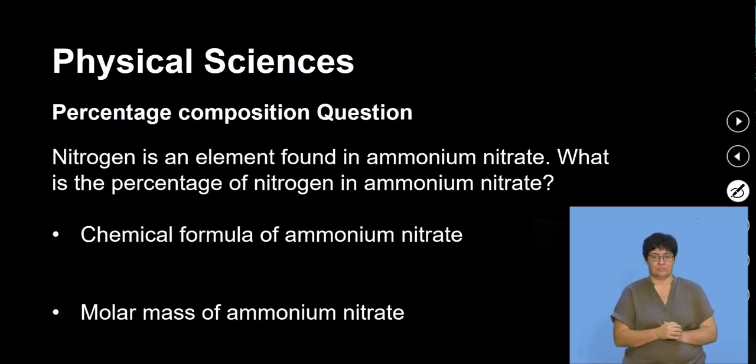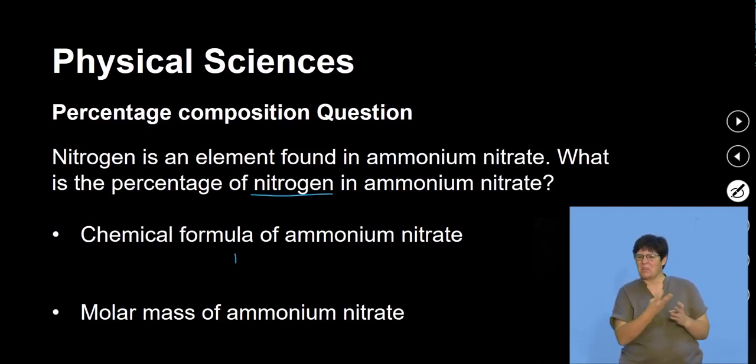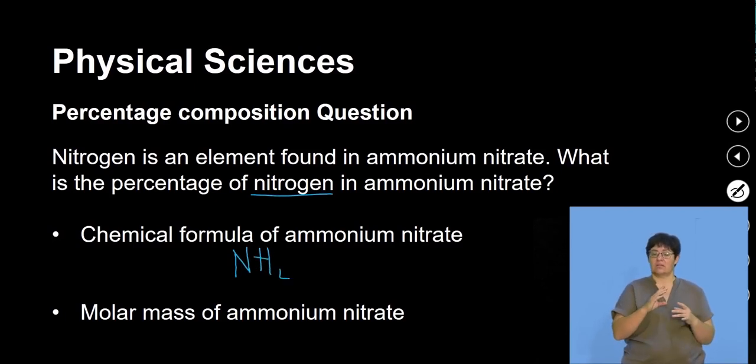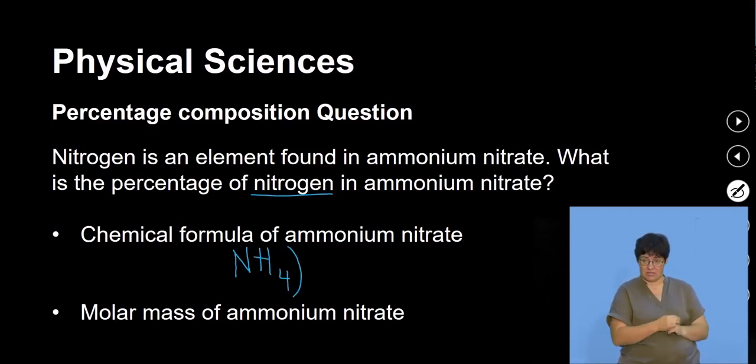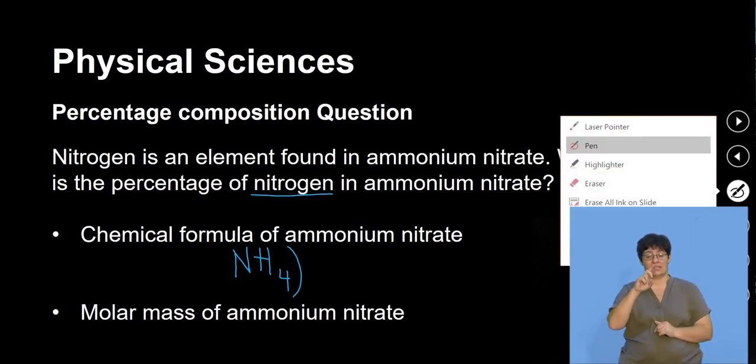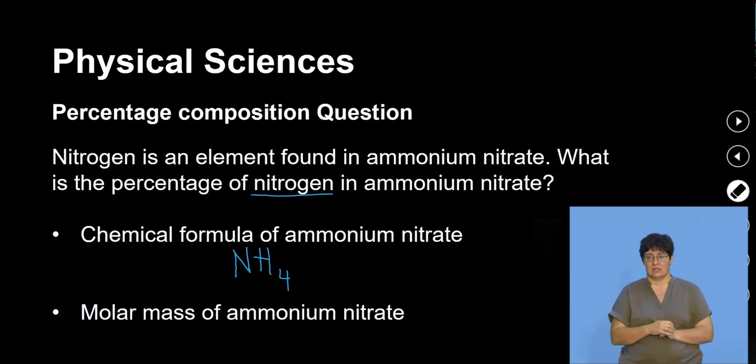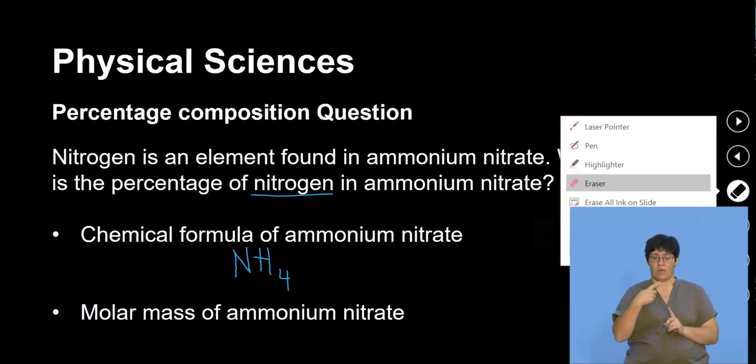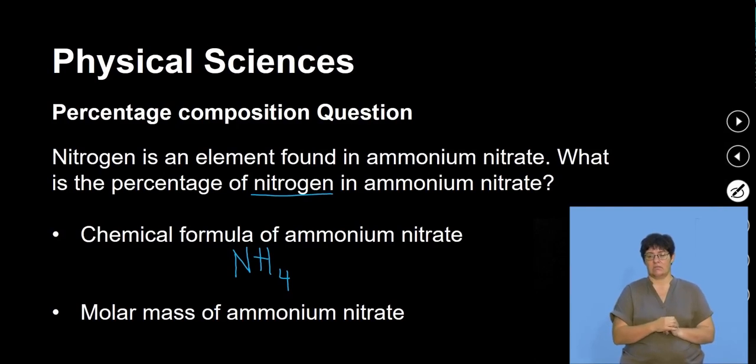And then in a case where we've got nitrogen in a compound such as ammonium nitrate, we want to determine the percentage of nitrogen. We first start with the correct formula, which is NH4, the cation, NO3, because the nitrate is -1 and the ammonium ion is +1, so there is no need for brackets.